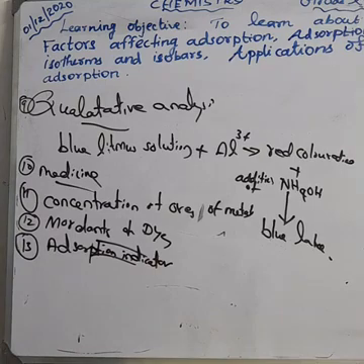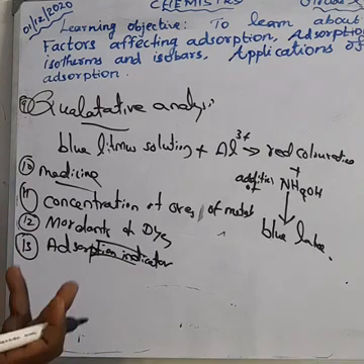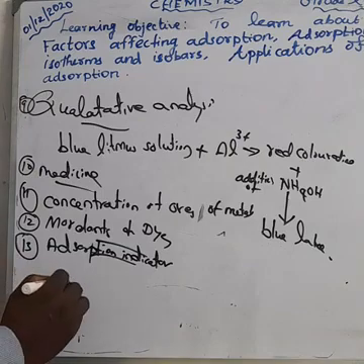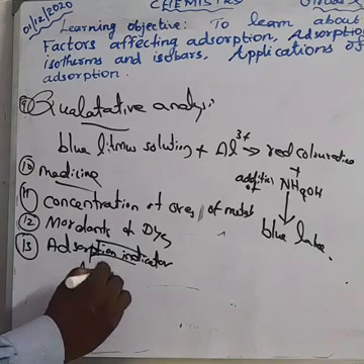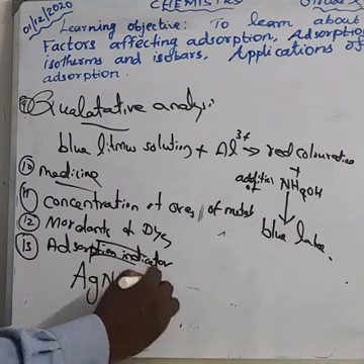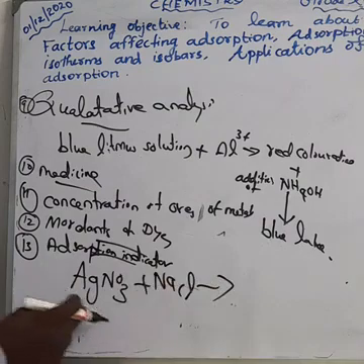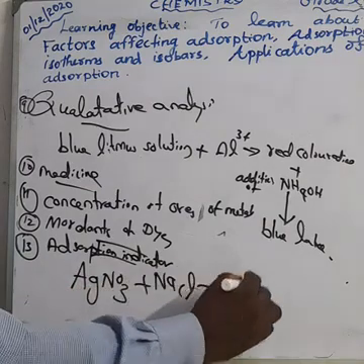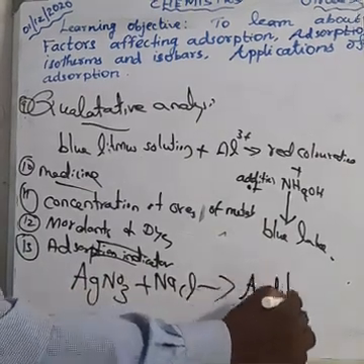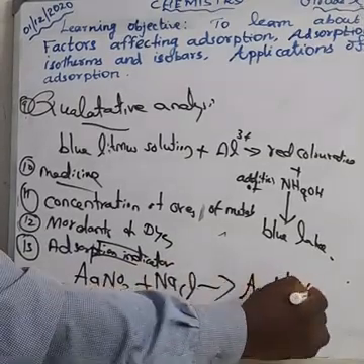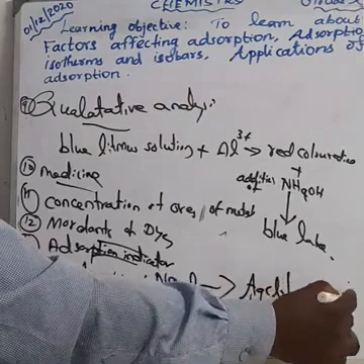Next one is about the adsorption indicator. Take a precipitation reaction, that is a reaction between silver nitrate and sodium chloride. Silver nitrate, AgNO3, reacts with sodium chloride, so this silver combines with chlorine to form AgCl, which is precipitated, and the sodium combines with the nitrate to form NaNO3, sodium nitrate.